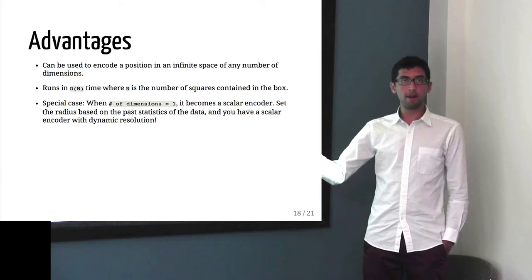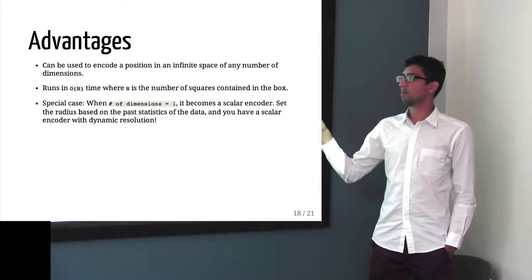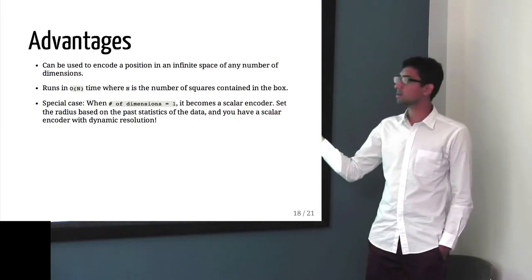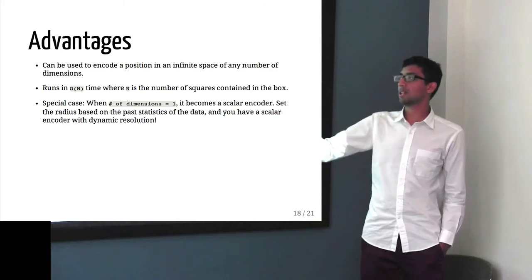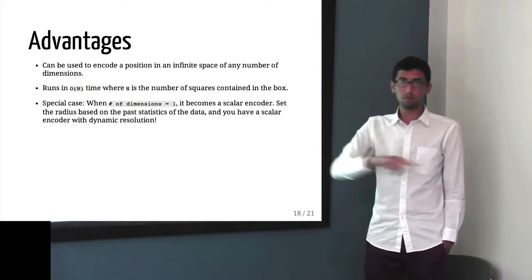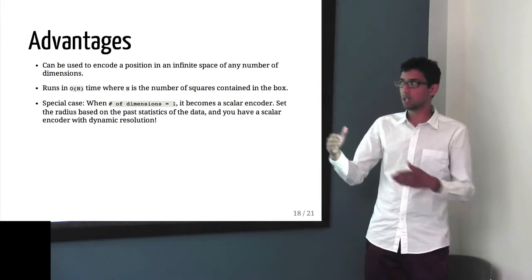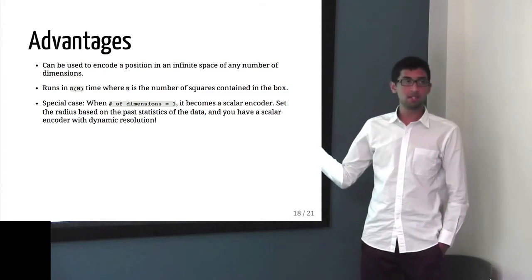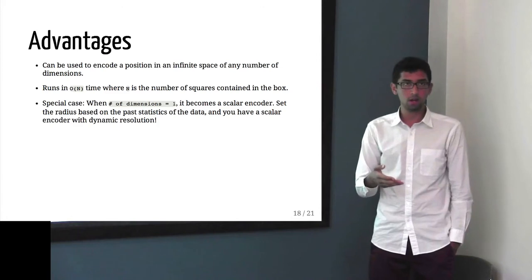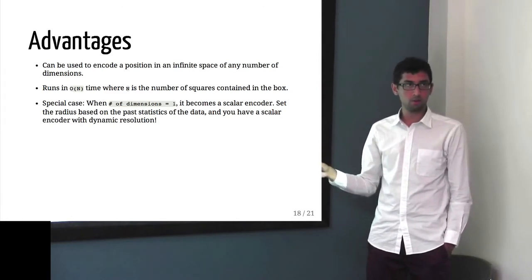And another really cool thing about it is, we talked about the scalar encoder just now. If you set the number of dimensions to 1, and the coordinate is just one scalar value, then you can set the radius dynamically based on the past statistics of the data. So if the values are changing really rapidly, you can set the radius to be higher. If they're changing slowly, you set it to be lower. Then you have a scalar encoder with dynamic resolution, which is something we don't have with the RDSE, because we had to pick the bucket size beforehand.